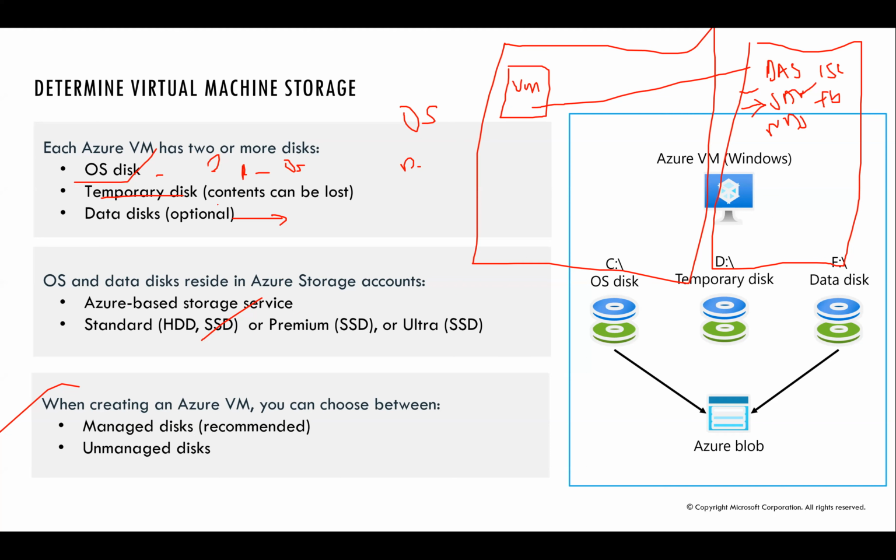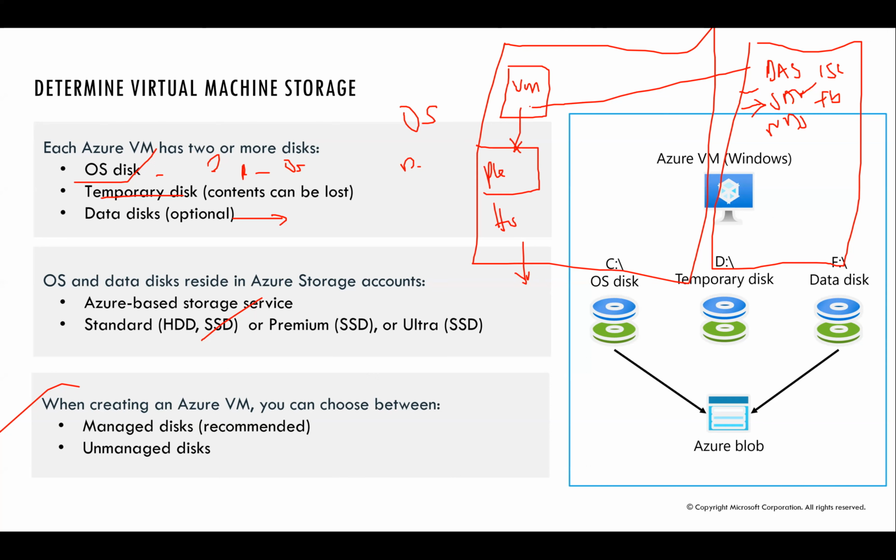So what Microsoft has always done is to present a temporary disk, which is a directly attached storage on the host computer system itself, now exposed to the VM. So this temporary disk is a physical disk on the host server on which this VM is running, and that physical disk is exposed to the VM.